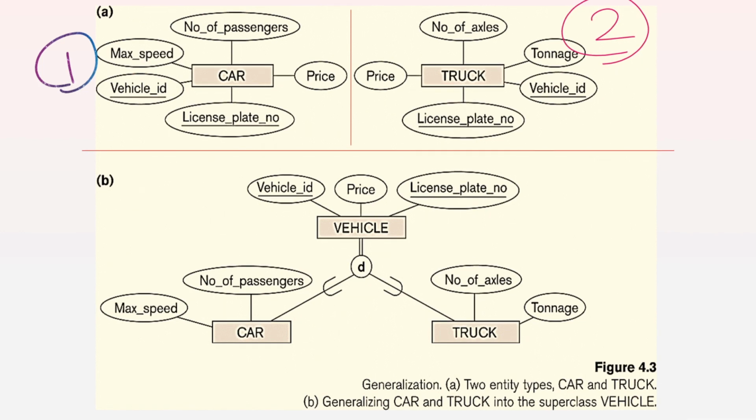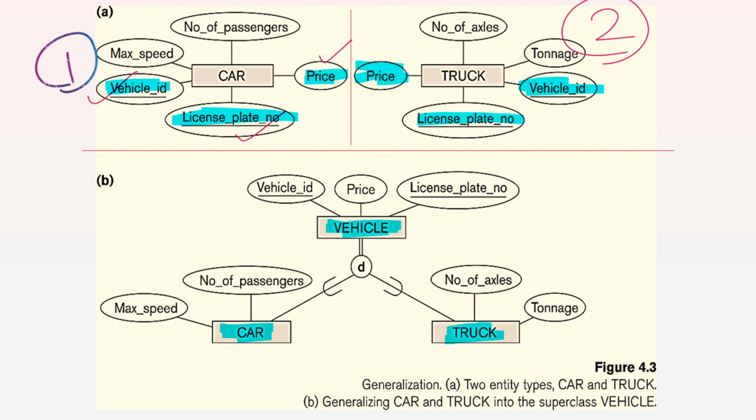Both of these entities are having some common attributes: vehicle ID, price, and the license plate number are common. All these common attributes are part of both the subclasses. So we can combine them into one superclass. Here we define the superclass as vehicle for both entities, car and truck. Both these entities are having one superclass.